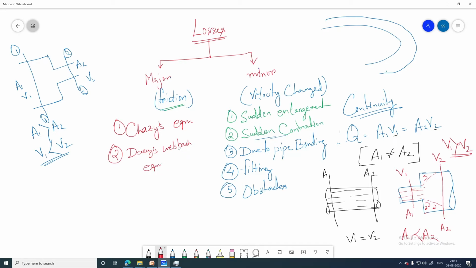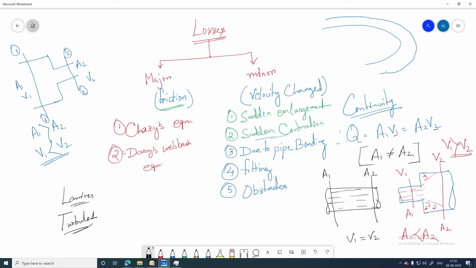By using these two equations we can determine the value of the major losses, and both of those equations can be applied to laminar flow as well as turbulent flow.